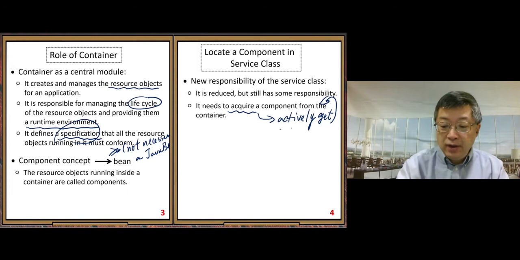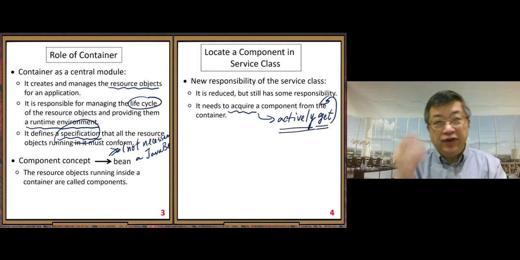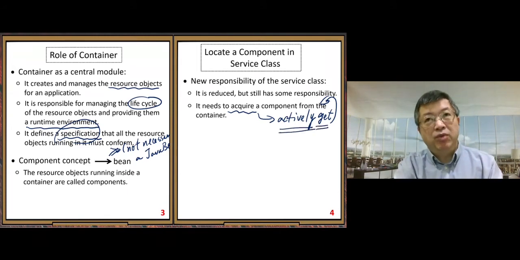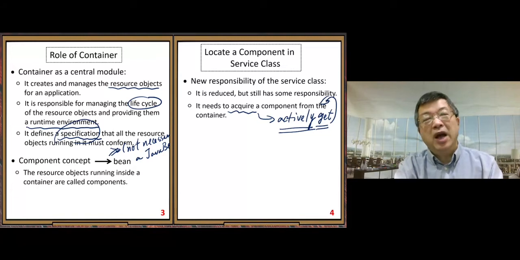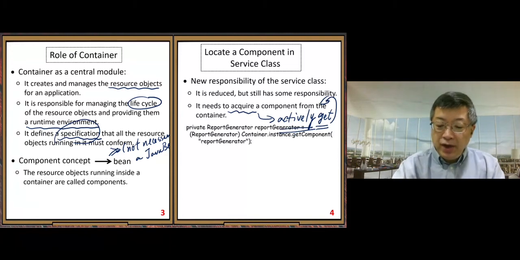This kind of detail is important for understanding. Later we will do the passive way. This is the active way. Then the code to do it. Here, I'll give you the code example.